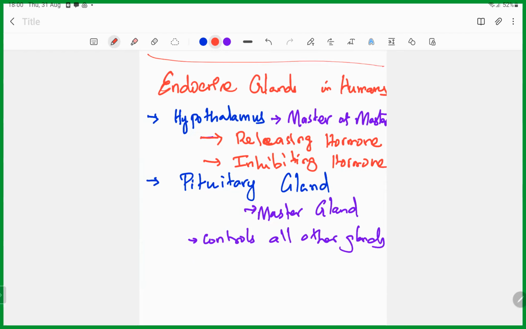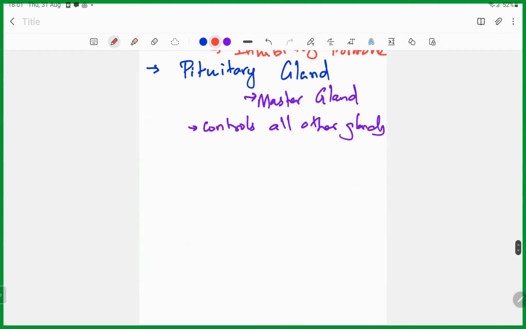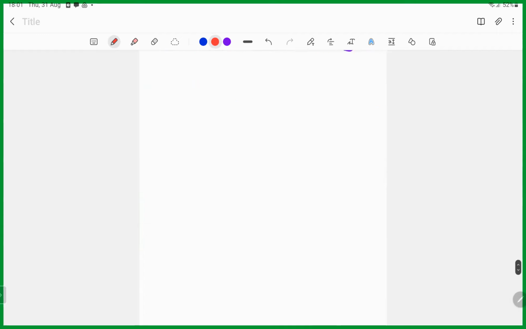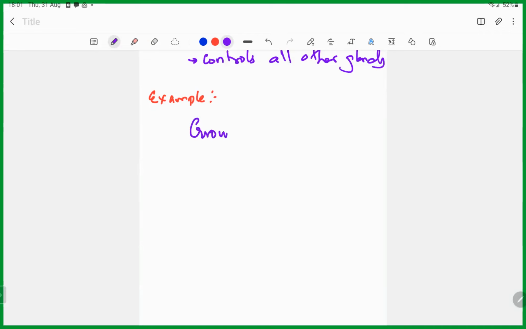Hypothalamus produces two types of hormones, releasing and inhibiting hormones. We are going to discuss this with one example. There is one hormone called growth hormone.